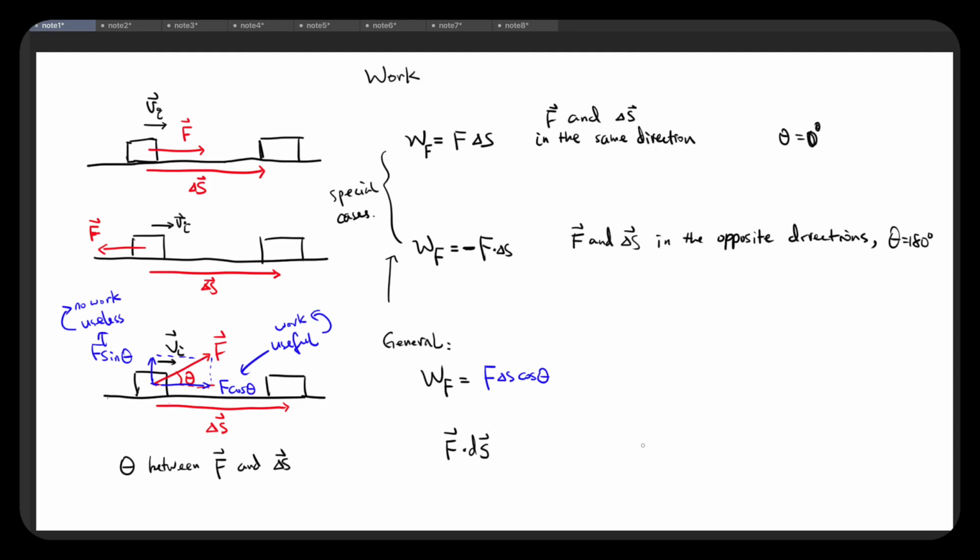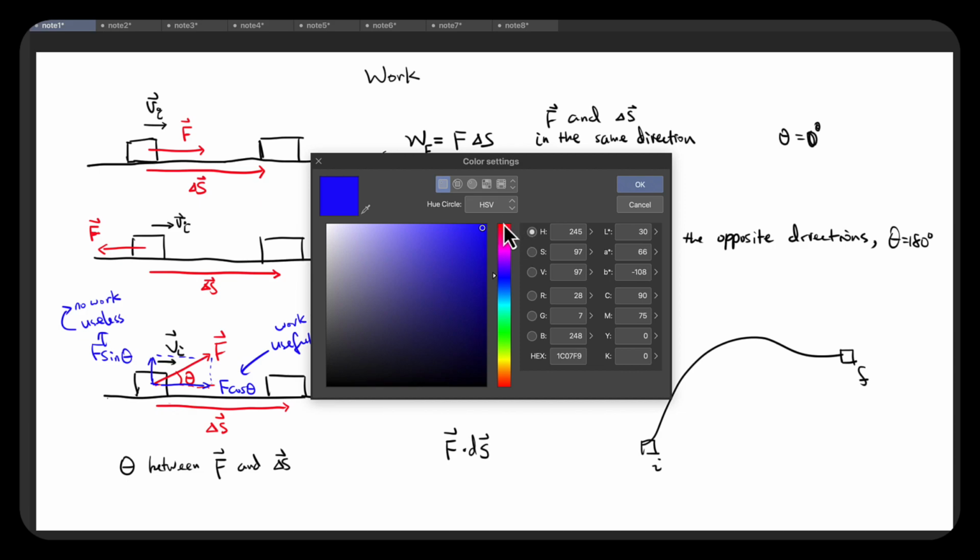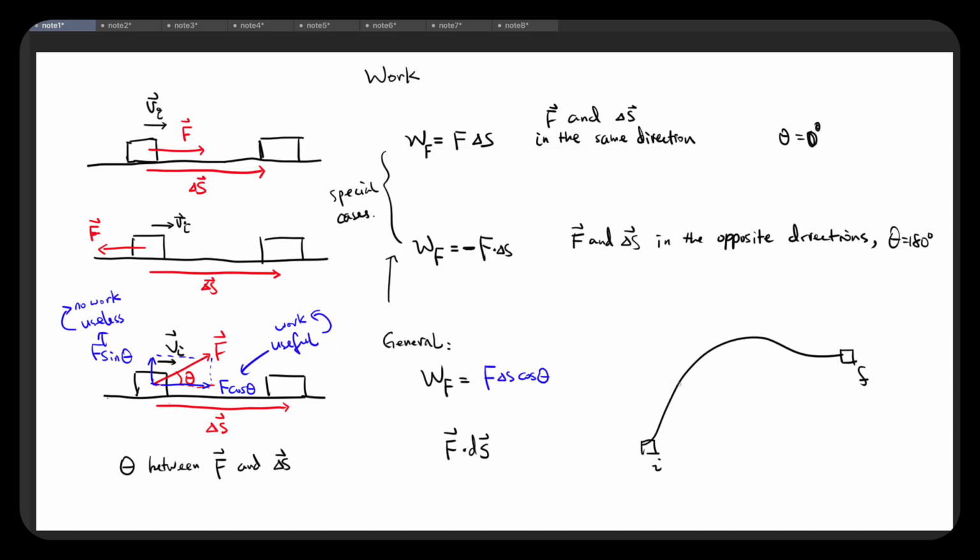So now let's say here is an object's trajectory. It moves along this initial to final curve. That's the path of this object's motion, and throughout this trajectory, we can pick some location.